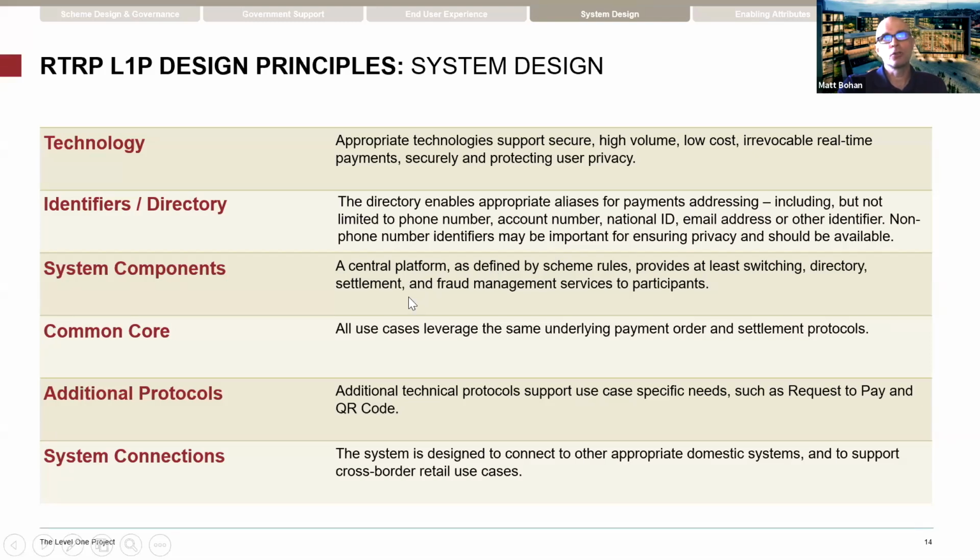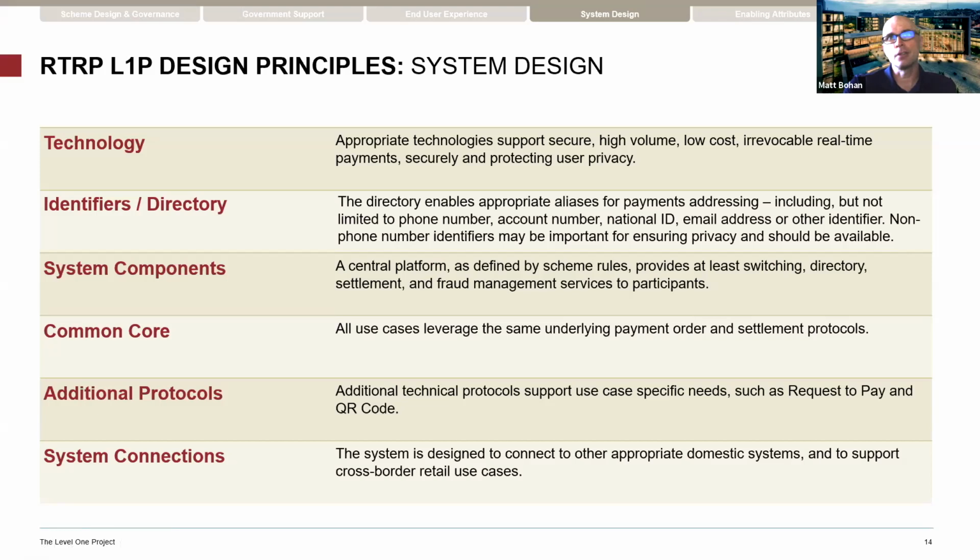System components should include central platform, scheme rules, directories, settlement, fraud management, and the like. Those systems should share common cores when they can to make it low price and easily interoperable.